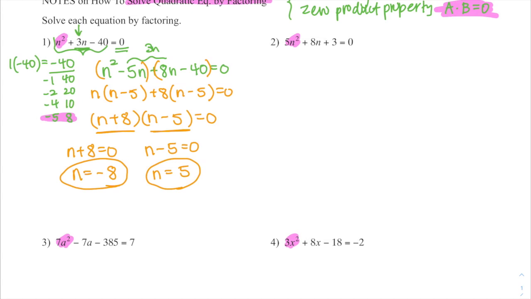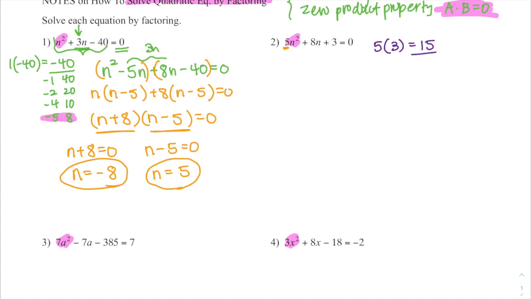Alright, so let's look at number 2. Number 2 looks very similar to number 1. The only difference is we have a 5 in front instead of a 1. So we start with 5 times 3, which is 15.